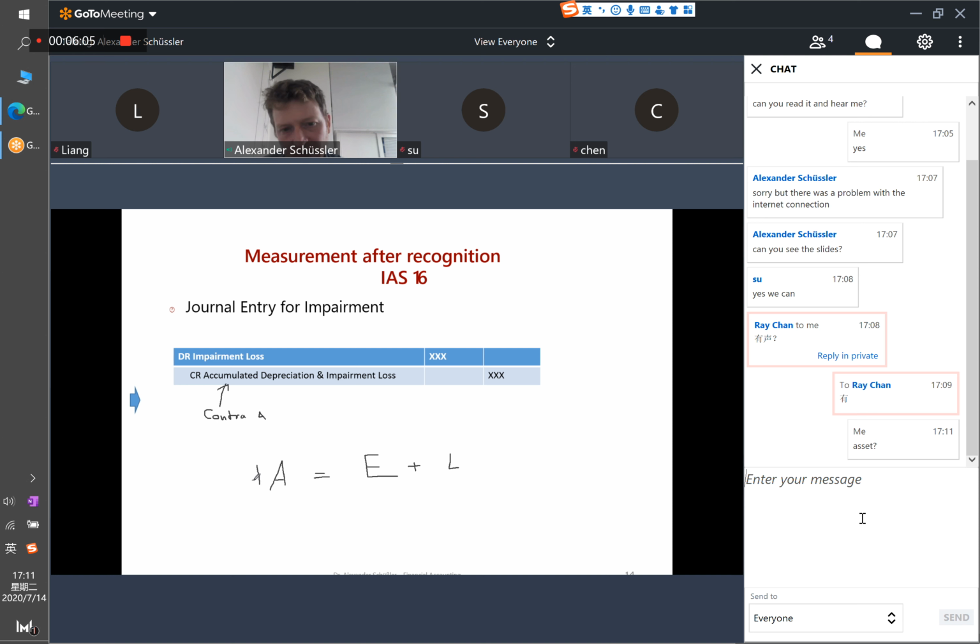So asset is down, and impairment loss is an expense. Yeah, it's a loss rather. But this reduces our net income, and essentially reduces our equity.